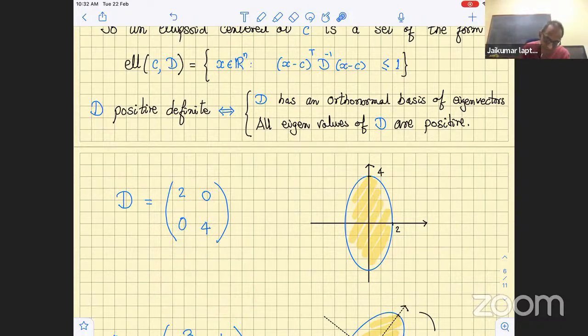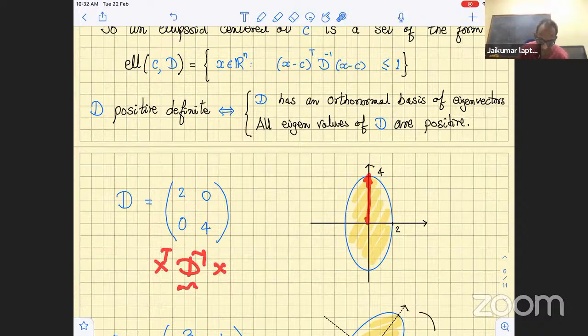And if you ask, in this direction, what is the largest vector so that x transpose D inverse x is less than or equal to 1?